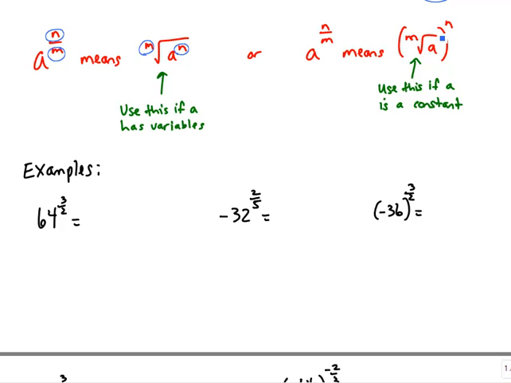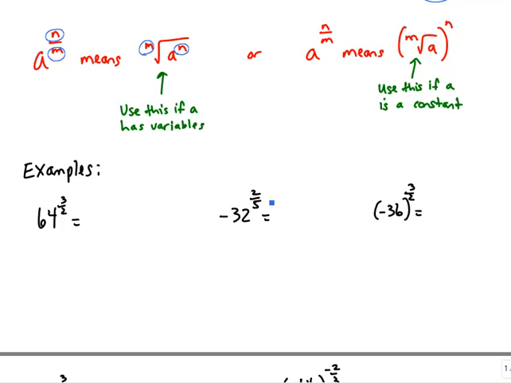So which one should you use when? When you have variables involved in your base, then usually it's easier to do the power first and then do the root. If you only have constants for your base, if you only have numbers down in the bottom, then usually it's easier to do the radical first and then raise that answer to the power.